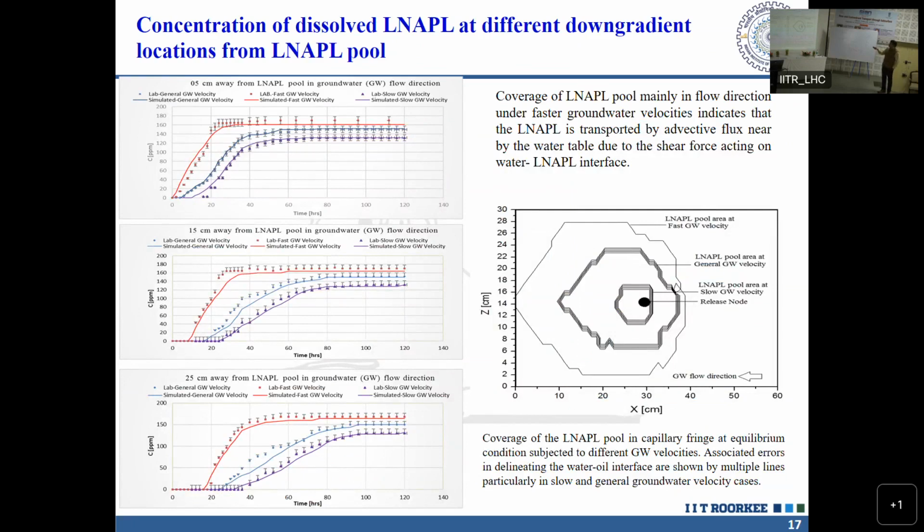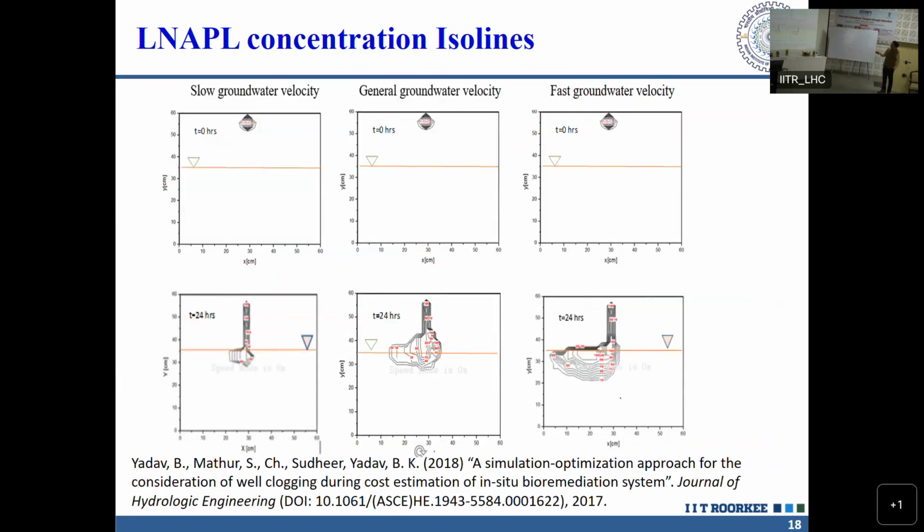I will not go into much detail here. So you can see here, these are the release points of the pollutants at time t equal to 0 under, let's say, the slow groundwater velocity, this is the moderate groundwater velocity, and this is the faster groundwater velocity. So we kept moving the groundwater from the right to the left side, you can see here. After the release of the hydrocarbon oils, they started moving into the vadose zone.